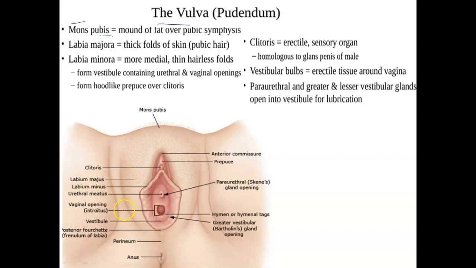Now the next part is the vestibule. This vestibule is the area enclosed by the labia minora, and the labia has fatty erectile tissue around the vagina. The vaginal opening is the area where the vaginal opening as well as the urethral opening is present, because in the female reproductive system there is a separate opening for the urethra, and for the female reproductive tract the opening is the vaginal orifice.